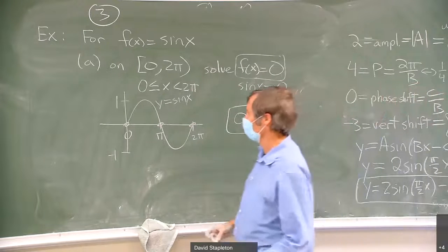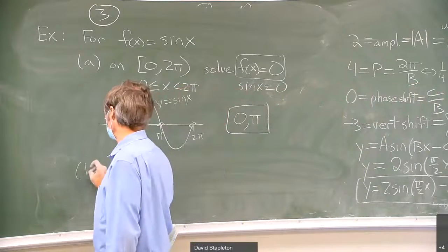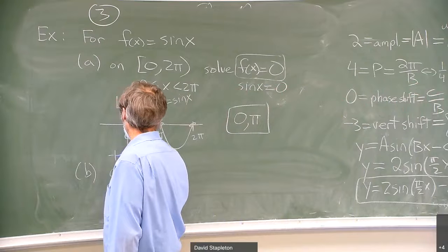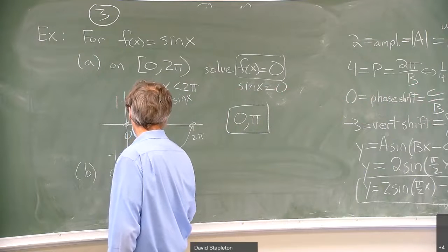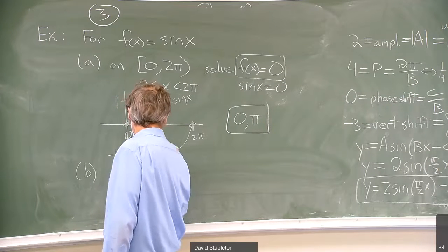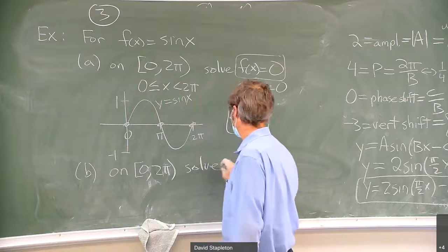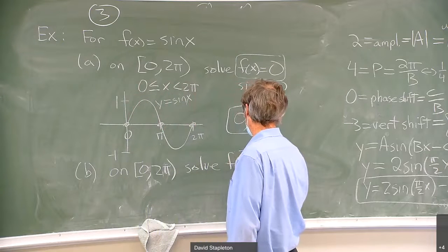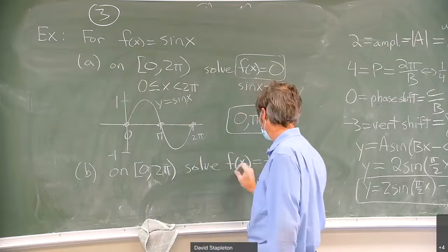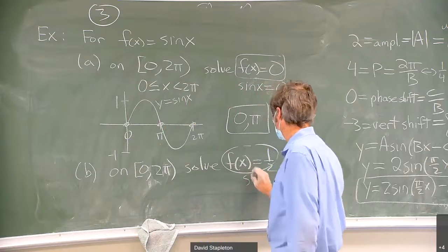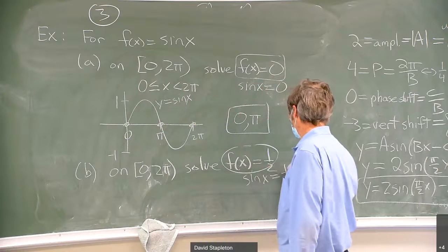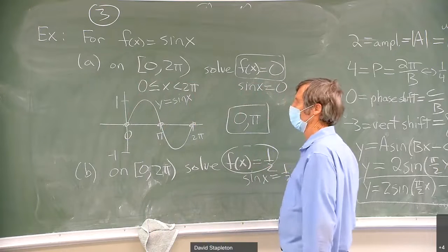Then B gets a little harder. Sometimes you want to also employ the unit circle. But as I said, on the same interval, 0 to 2 pi, solve f of x equals a half. That is sine x equals a half. And you can kind of get a feel for this by looking at the graph.